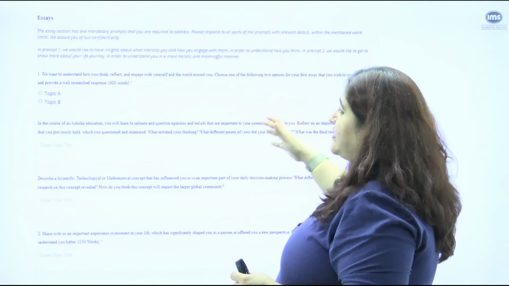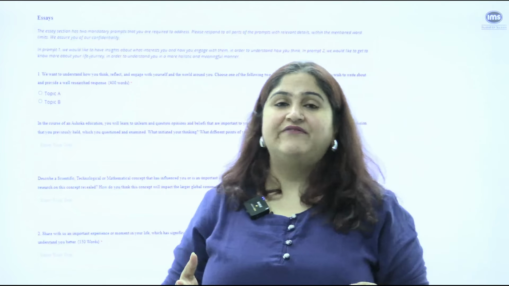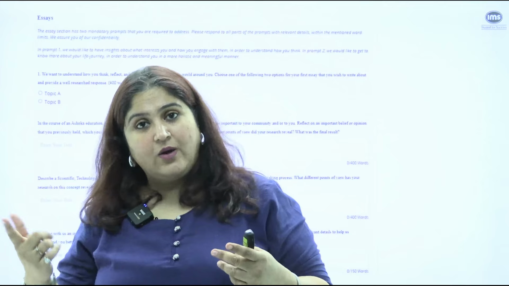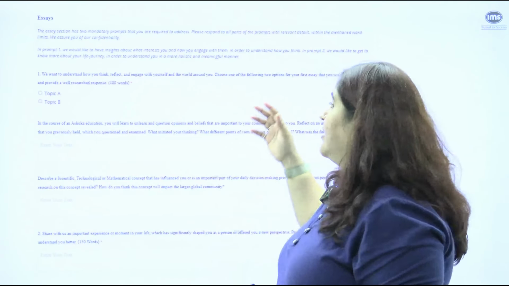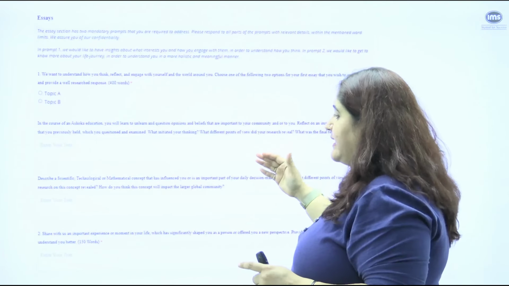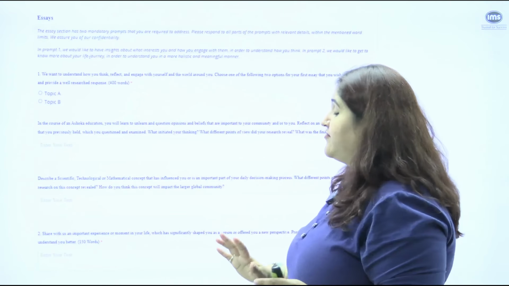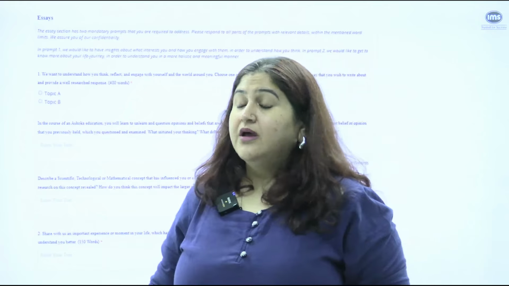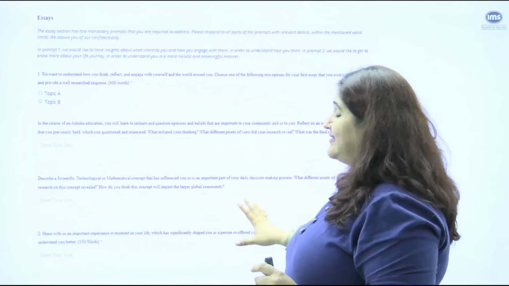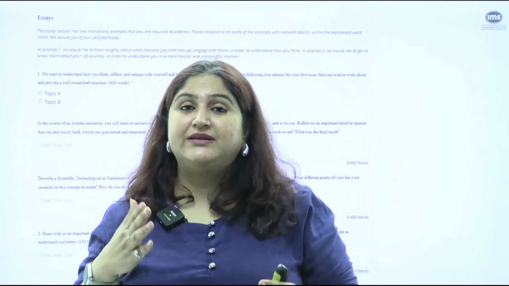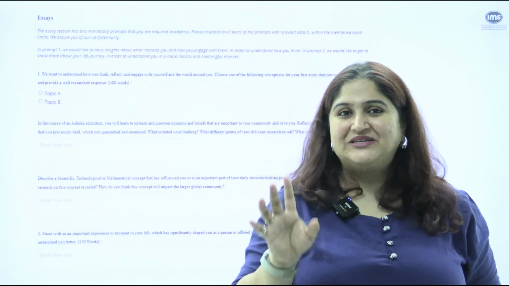For the first essay, which is normally a 400-word essay, they have given the option: either you can write topic A or topic B. After either topic is written, there will be a second essay of 150 words. When you are writing the essay, make sure it is personalized, reflects your personality, and is grammatically correct. It is not shabby.